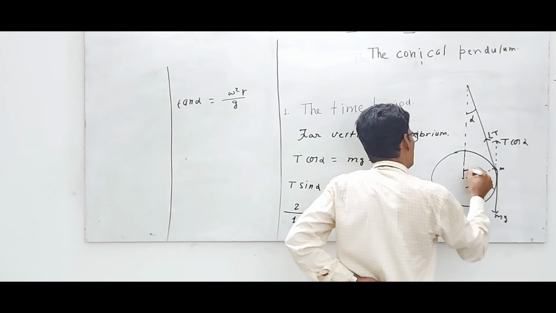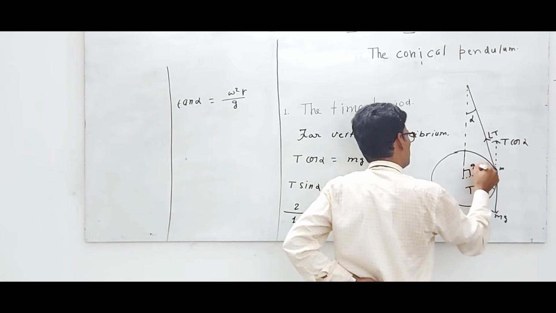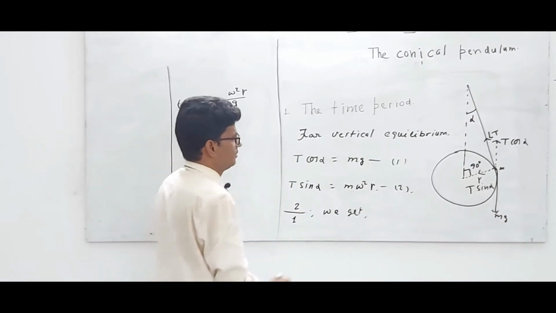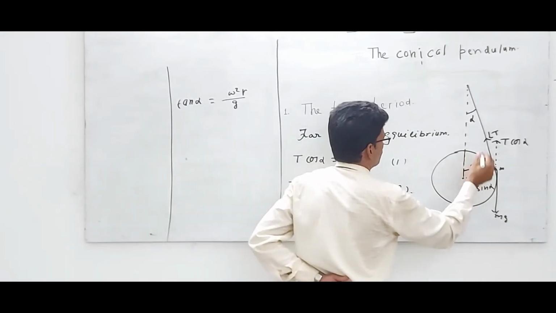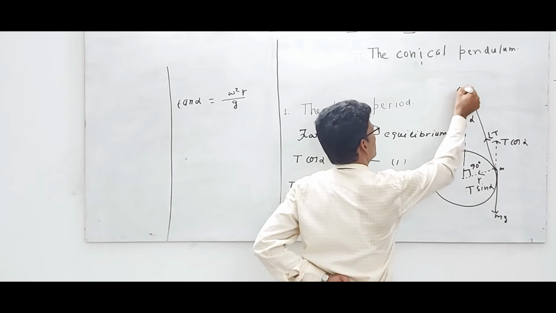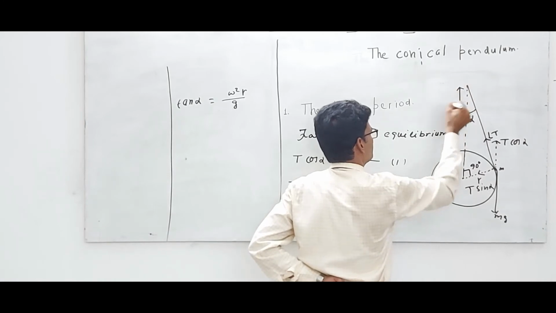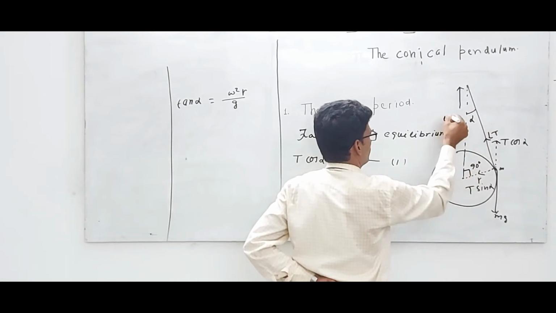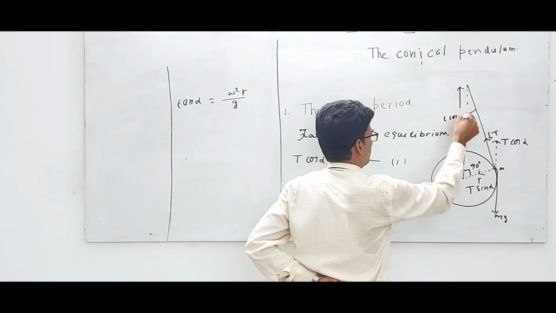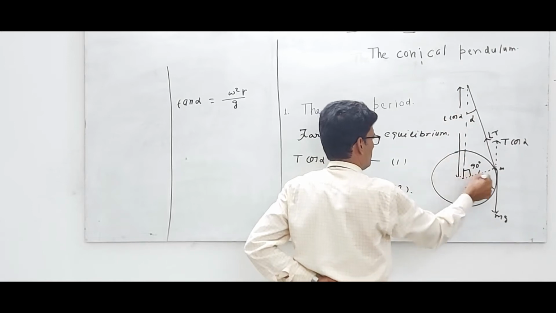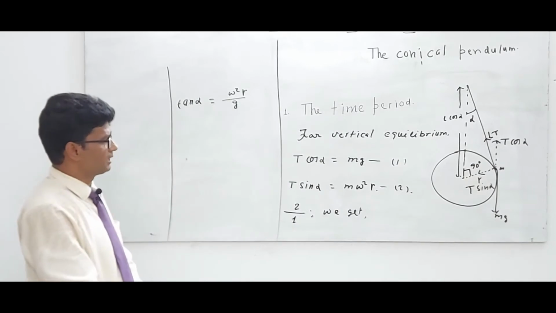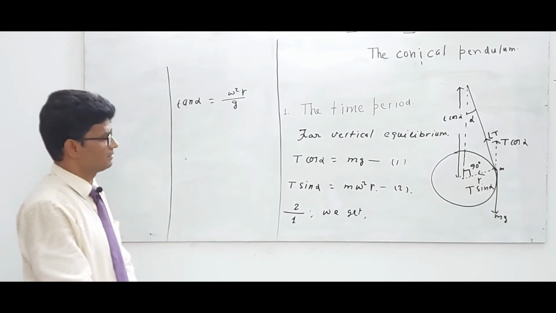This angle is 90 degrees, however it is not looking 90 degrees, but it is 90 degrees. So what is this length? Look at here, this is L, and this is L cos alpha, and this is smaller r. So tan alpha is perpendicular by base.